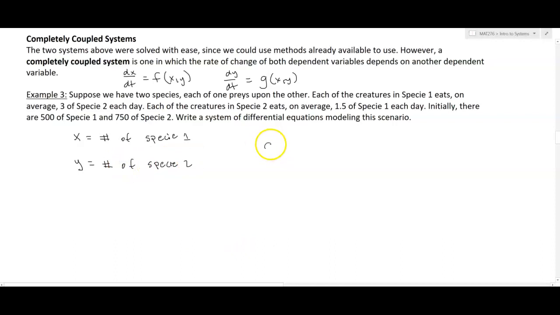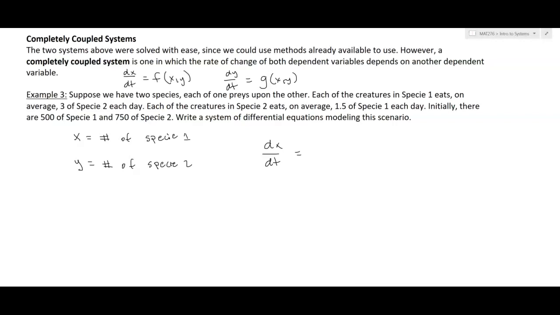And we want to model the rate at which species 1 is changing. Well, first of all, we don't know how quickly they reproduce, and so we're just told the rate at which they're eaten.